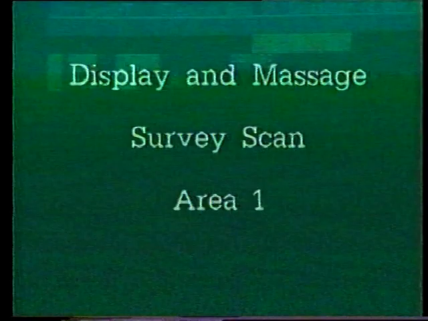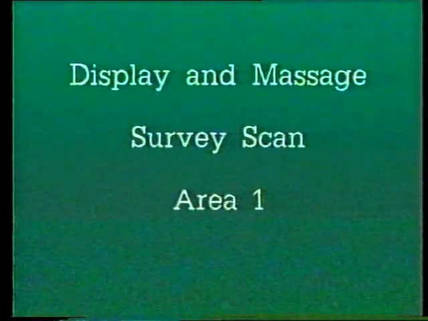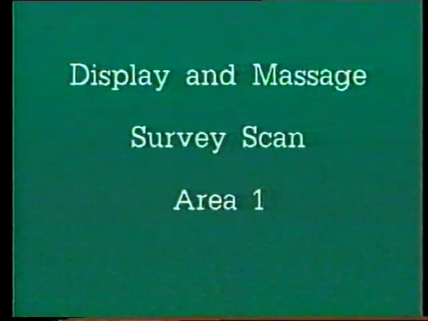File MWT102 is our survey scan, where we surveyed 3 separate areas. Let's begin with area number 1. Line number 2 has already told us that we will display area number 1.